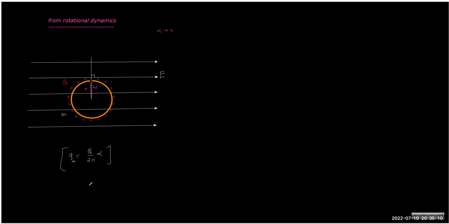Yes. So we got the charge, and this charge at the bottom will experience force. The rest of the charges are balanced, they have symmetry. So apart from this charge, the right and left charges are balanced.